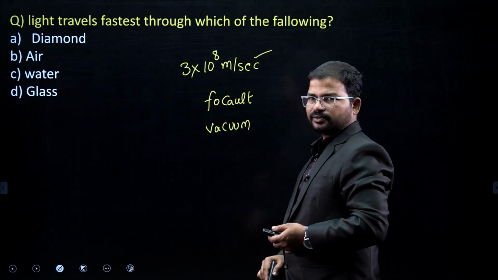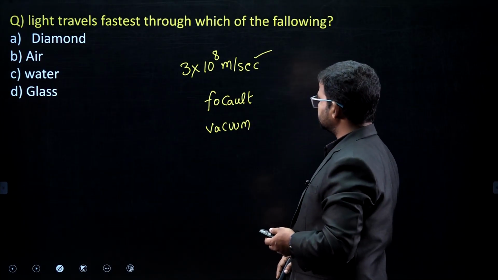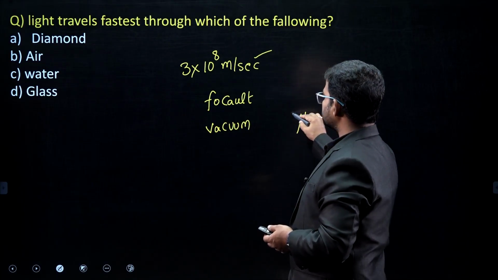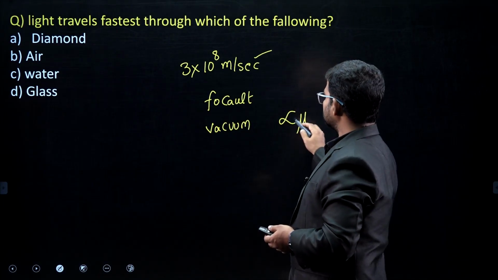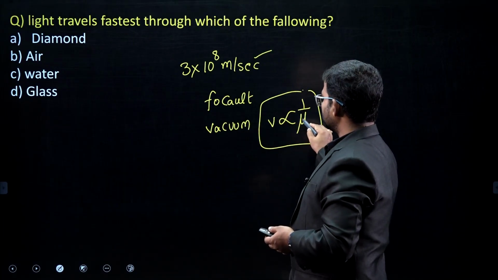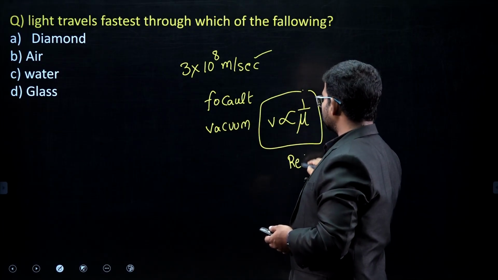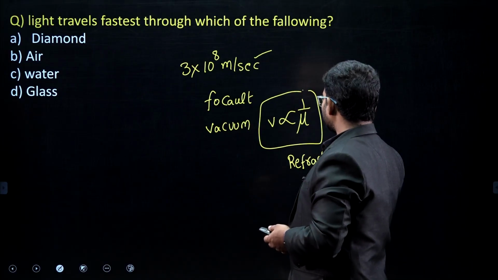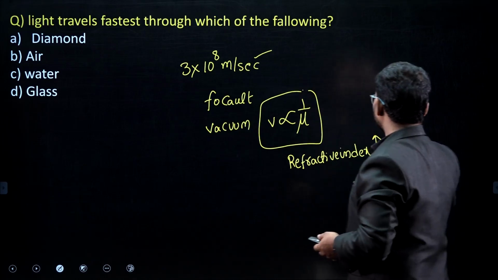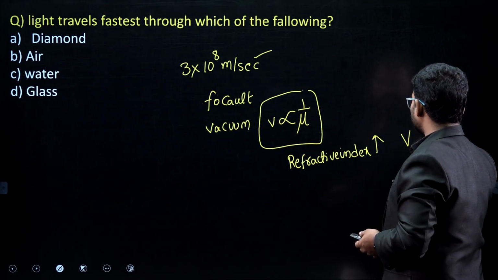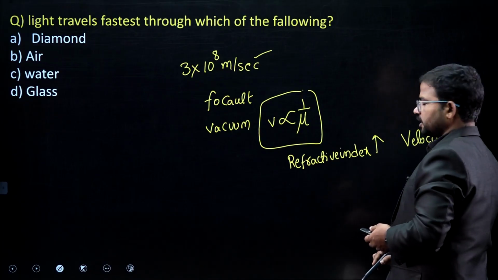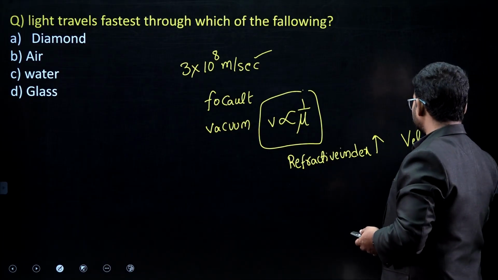Means if mu value increases, then velocity of light decreases, so this is inversely proportional to velocity of light. So mu means nothing but refractive index. If refractive index is high, then velocity of light mostly decreases.